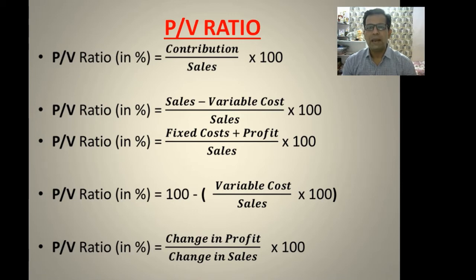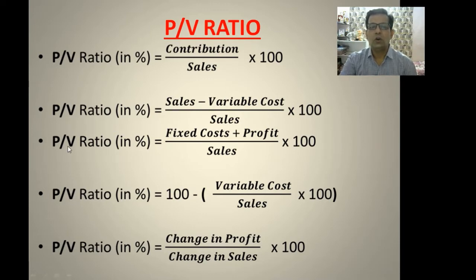So in simple language, this is contribution to sales ratio or profit volume ratio. Now remember one thing, the answer for this ratio is always in percentage, and therefore any formula will always be multiplied by 100. The reason is the answer that we want is in percentage. PV ratio is always a percentage answer.